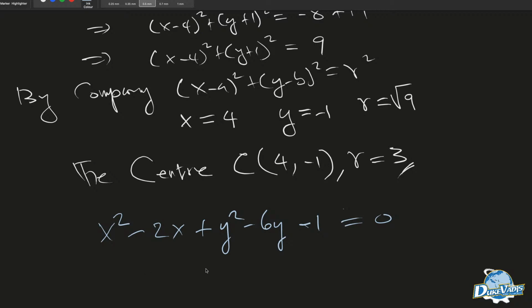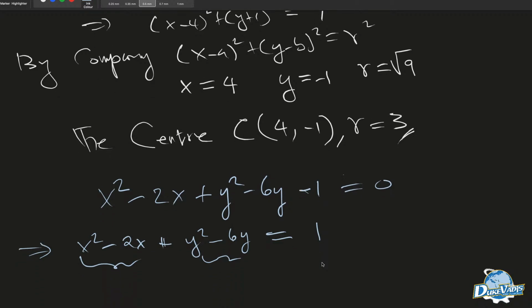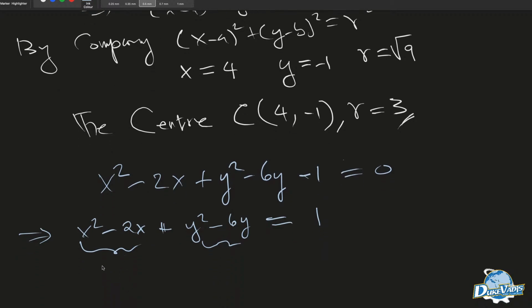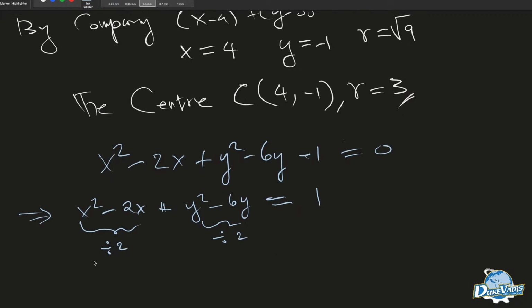So what we have to do: this implies x² - 2x plus y² - 6y is equal to 1, since the 1 crosses the equal sign. So now I'm going to divide the 2 here by 2, and the 6 here by 2. I'm going to do it stepwise.